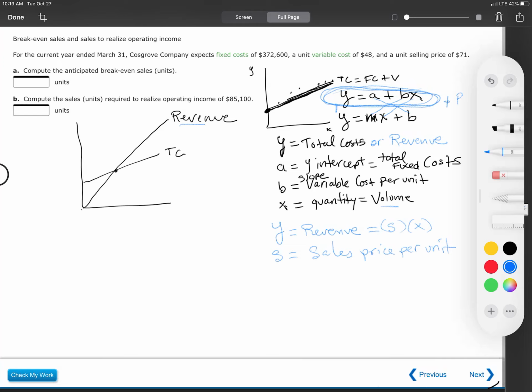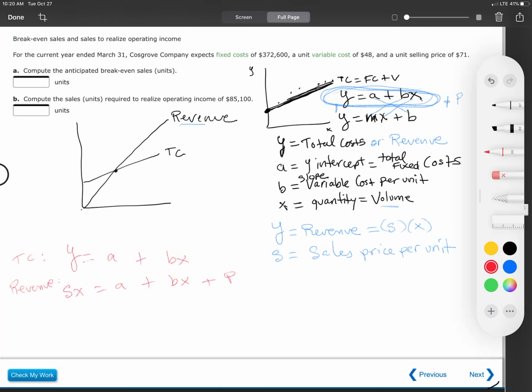All right, so in review then, here are the two formulas. Y equals A plus BX, or SX equals A plus BX plus P. The first formula is the total cost formula, and this is the revenue formula.